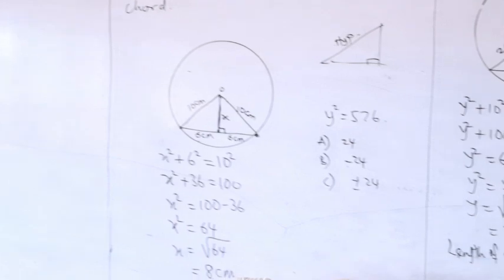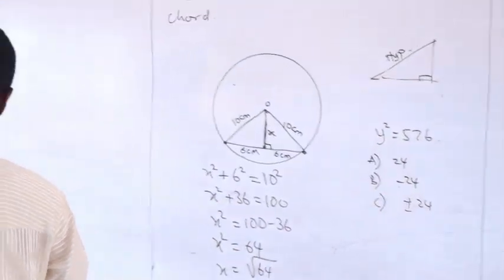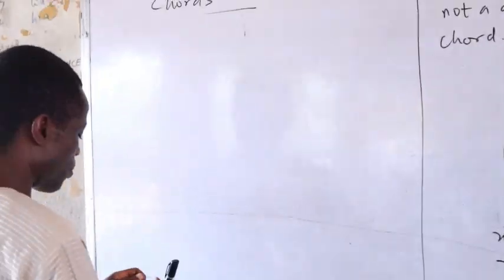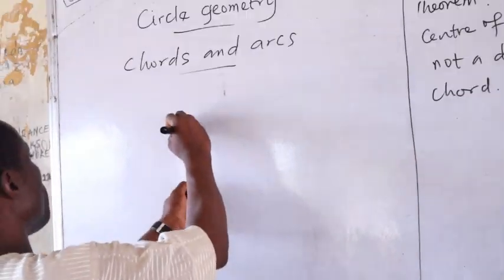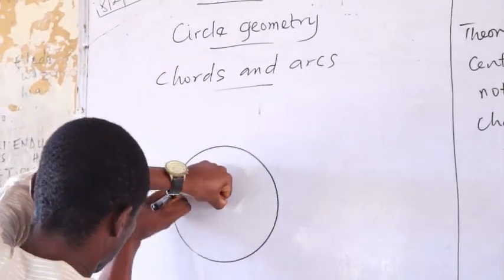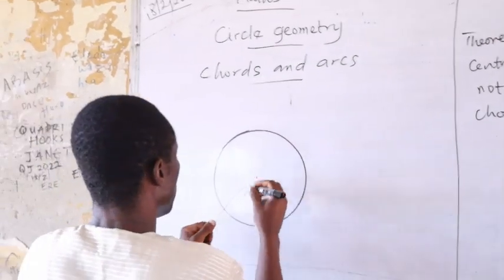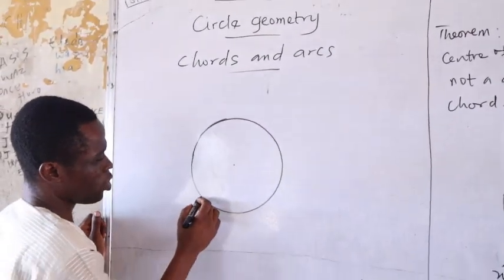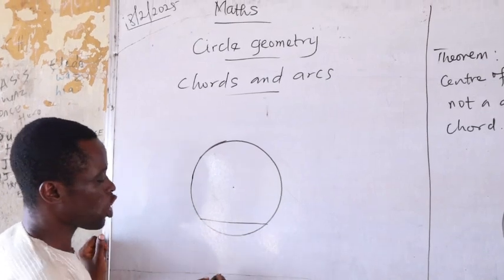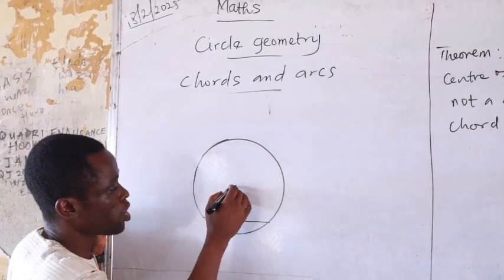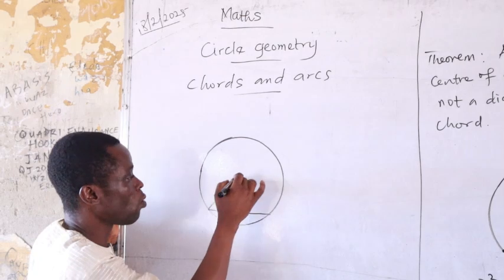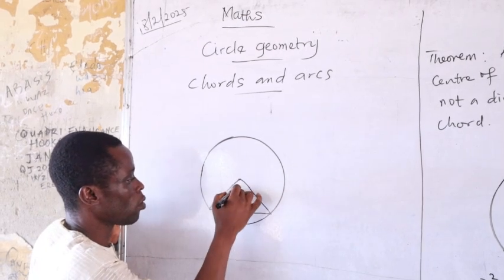Now let me still draw the diagram of this one. This is the diagram. We have a chord, and the chord subtends an angle of what? What is the angle? 120 degree.